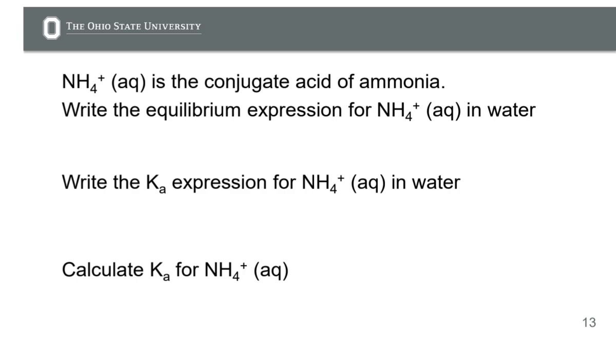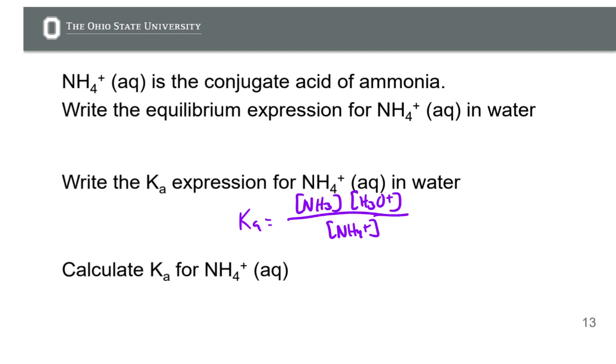All right, so we did this. We wrote out the equilibrium expression for ammonium ion and water. The Ka for this, based on our last slide, is going to be the concentration of the conjugate base, which is NH3, times H3O plus, over the concentration of NH4 plus.